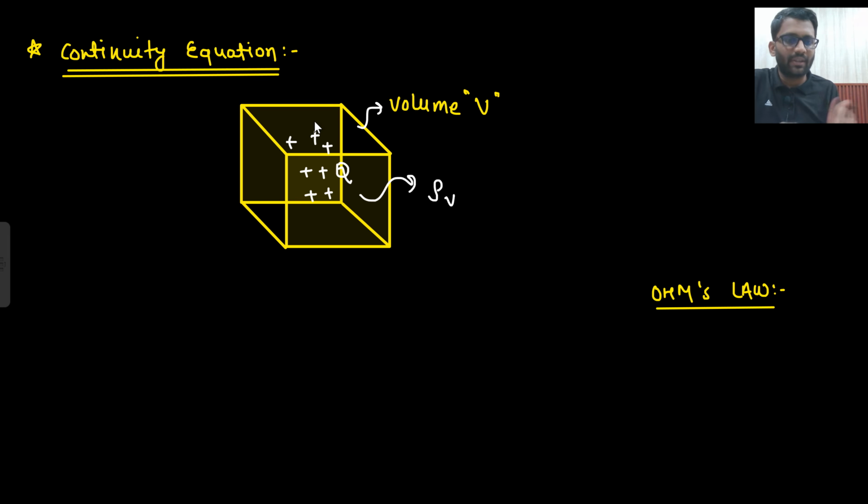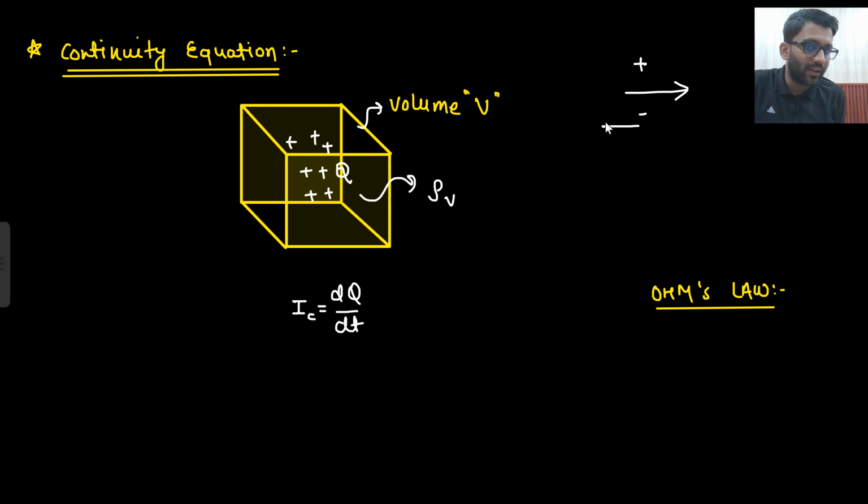Now what is happening is that these charges are flowing out of this particular volume. If with respect to time charges flow out of the volume, it will generate a conduction current, right? One thing I hope you know is that positive charge will always flow in the direction of current and negative charge will always flow in the opposite direction.